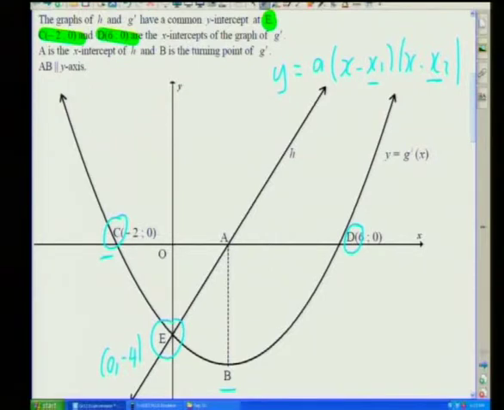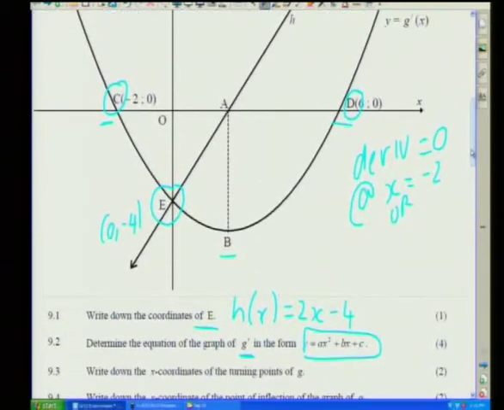It's 0 at the point C and at the point D. So in other words, the derivative is equal to 0 at x is equal to minus 2 or at x is equal to 6.